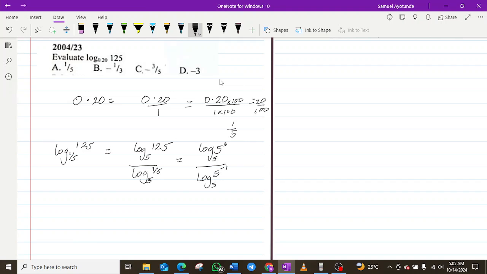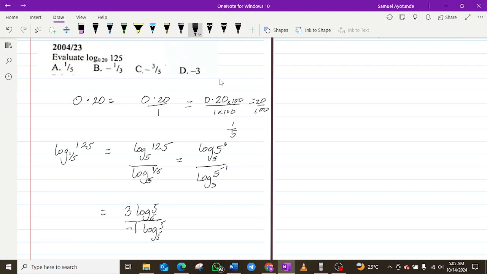So if we make the power become the coefficient, we have 3 log 5 base 5, all divided by minus 1 log 5 base 5. And when the base and the argument are the same, the answer is equal to 1.